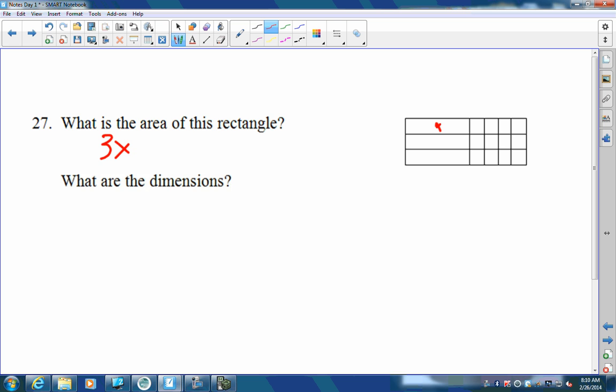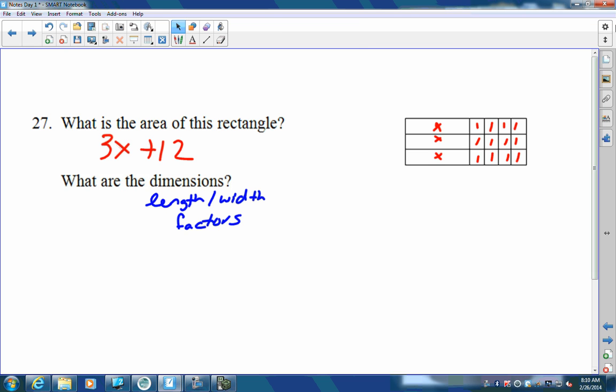So x, x, x. 1, 2, 3, 4, 5, 6, 7, 8, 9, 10, 11, 12. Plus 12. When it wants your dimensions, it wants the length and width. Well, it's asking you for the factors.